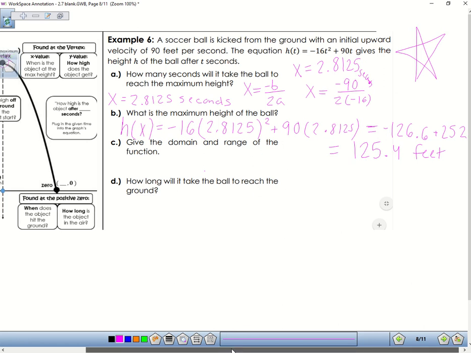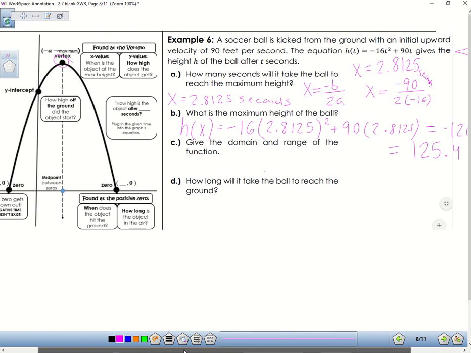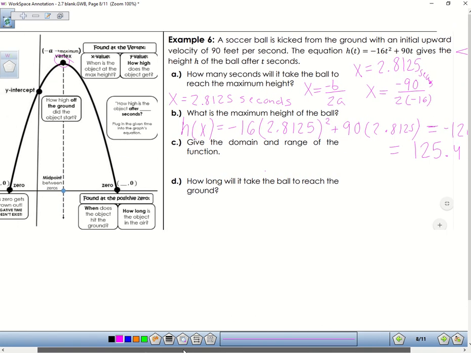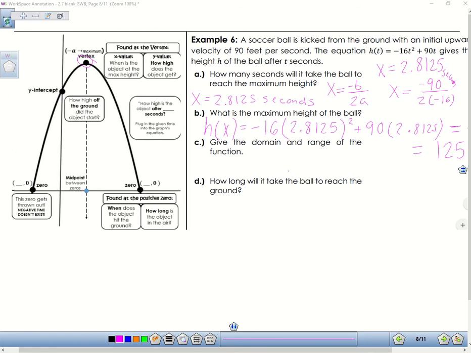Now the next question is, give the domain and range of the function. So domain is all the possible x values this function is going to take on. Now domain normally for a quadratic function is negative infinity to positive infinity, but this is restricted, right? For your domain here, the x value, is our time ever going to go below 0?